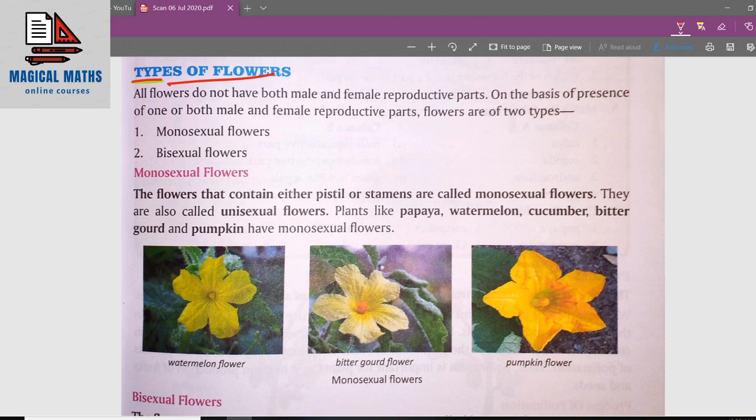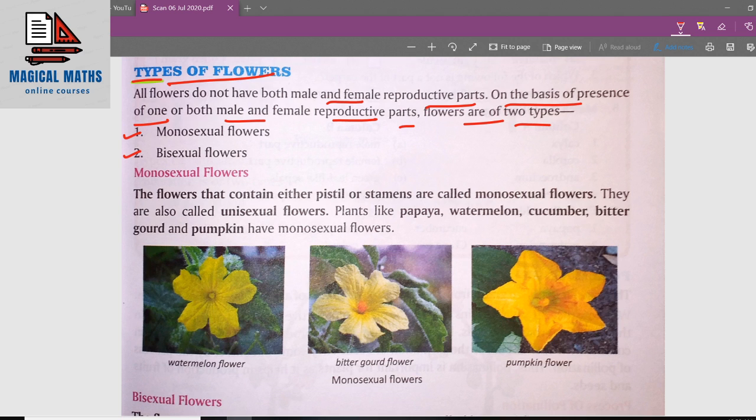Students, all flowers do not have both male and female reproductive parts. On the basis of the presence of one or both male and female reproductive parts, flowers are of two types. Number one is monosexual and the other is bisexual flowers.